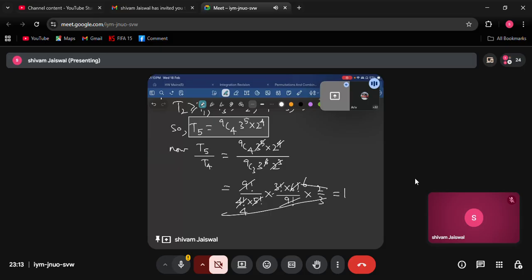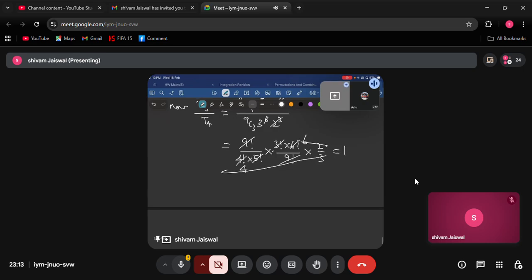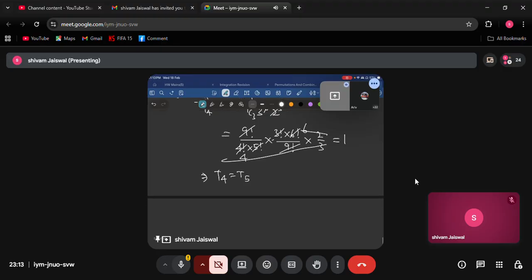Yes, so T5 and T4 are both equal. This implies T4 is equal to T5. Hence, there are two greatest terms.